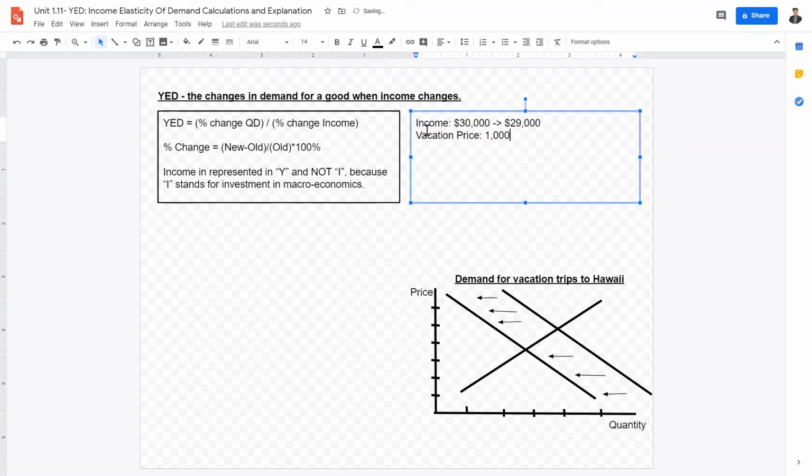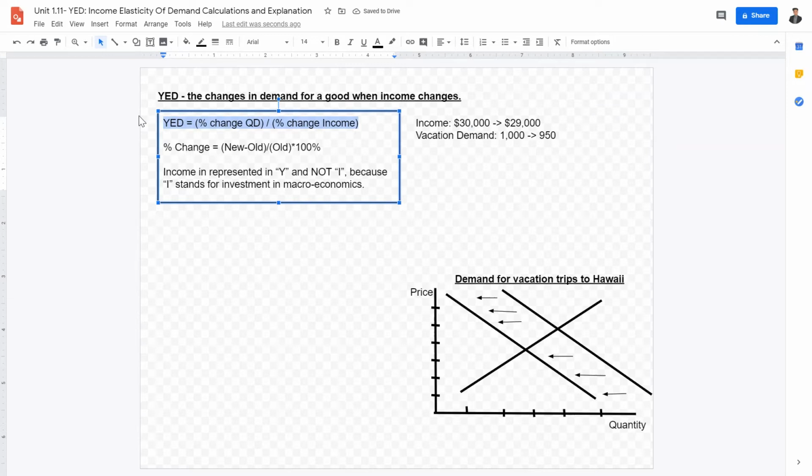Vacation price falls from originally $1,000 to $950. So the vacation demand falls from 1,000 to 950 directly due to the income changes.